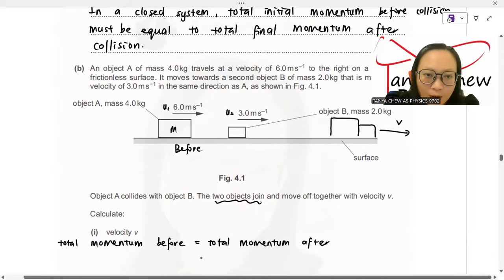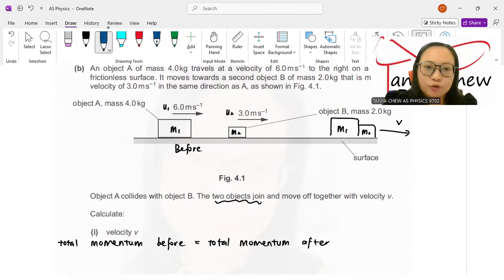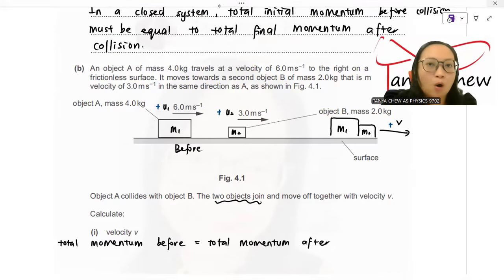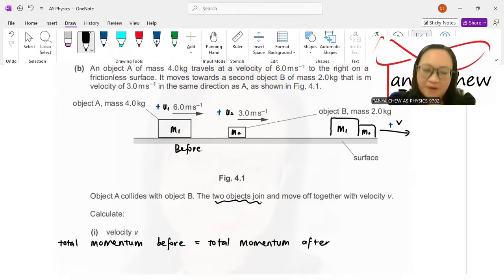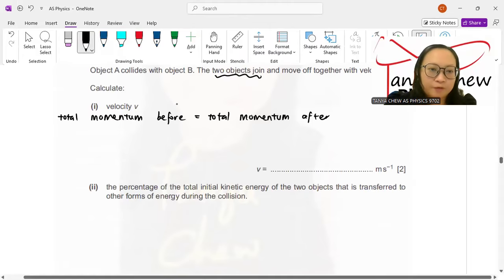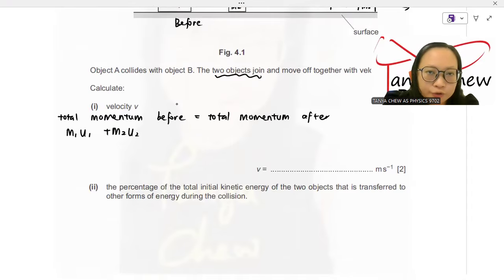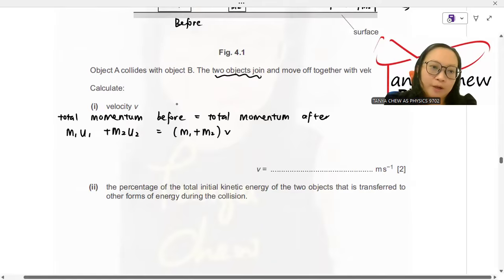This is m1, this is m2, and then this is the final velocity. Since the two objects are moving in the same direction, you put positive to all the velocities. Now, total momentum before, m1u1 plus m2u2, is equal to total mass times final velocity, because they join together.